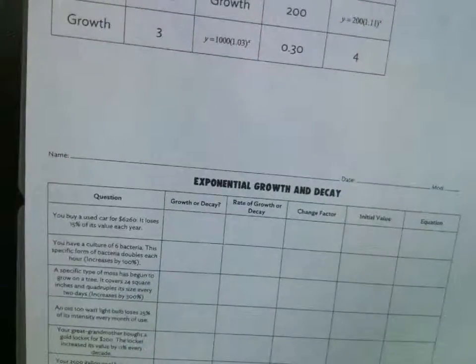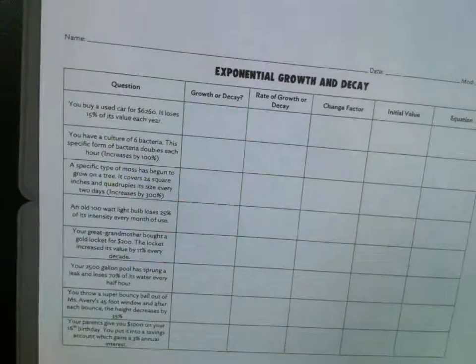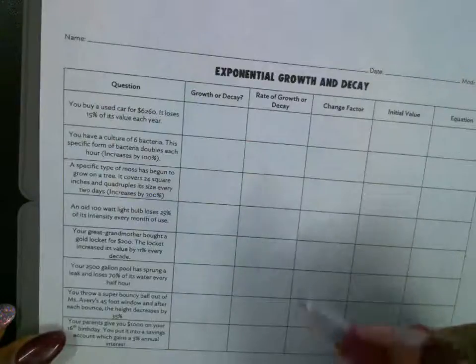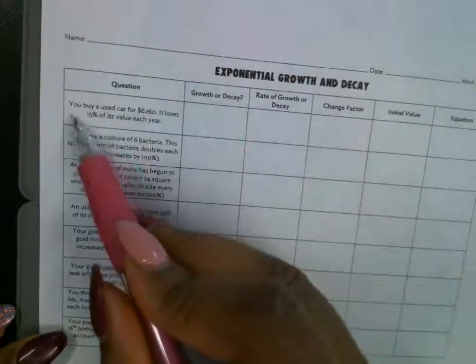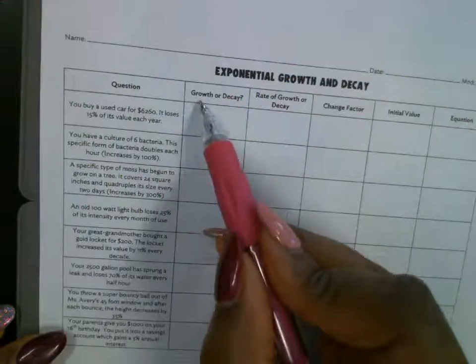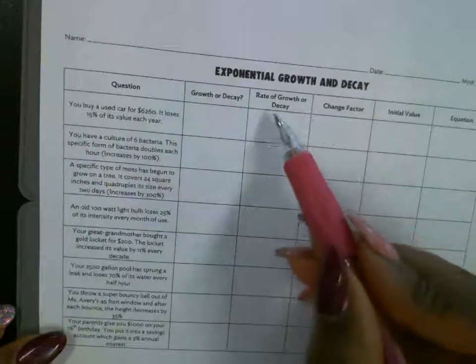Okay, so this sheet, let's look at this one, and I'm going to give you a little time to complete this tomorrow. I'm going to explain it. You'll be all right. What you're going to do is read the problem and decide if it is growth or decay. Then you're going to decide what the growth rate or decay rate is.